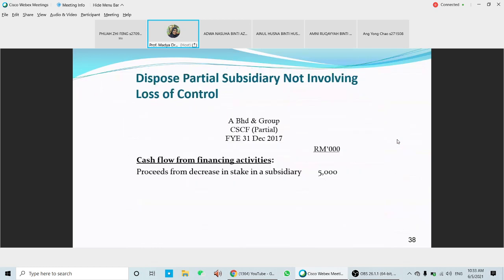So for cash flow from financing activity, put it under financing. Previously, for disposal, if that one is 100% disposed, put it under investing. If that one is disposed but you still have control, put it under financing because it relates with your NCI here.